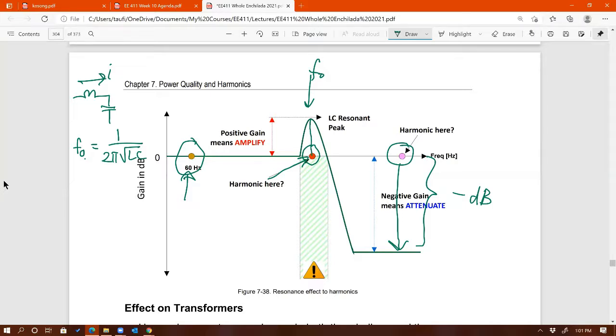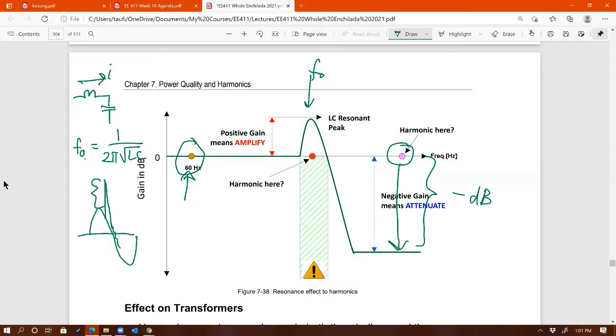See that? So now you're going to get a higher voltage than what you're supposed to on the system voltage. So when you turn on the capacitor, there will be a huge spike because of the harmonic coinciding with the resonant frequency, and that could be damaging to other equipment.